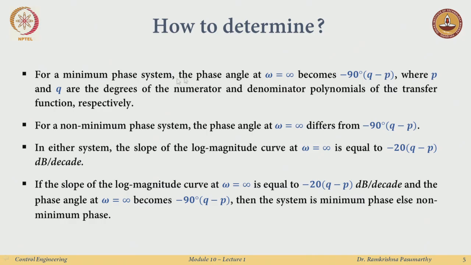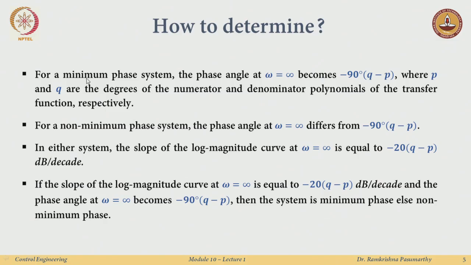For a minimum phase system, as the frequency tends to infinity, the phase angle becomes minus 90 (q minus p). This is just the difference in the number of poles and zeros, where p and q are the degrees of the numerator and the denominator, or essentially the number of poles minus the number of zeros. For a non-minimum phase system, this will not be true; the phase angle as omega tends to infinity will be different from this number.